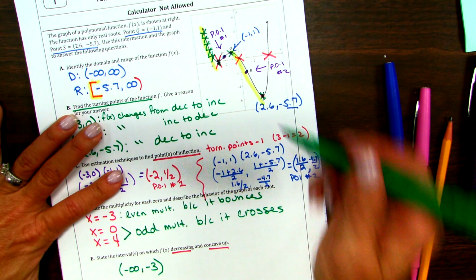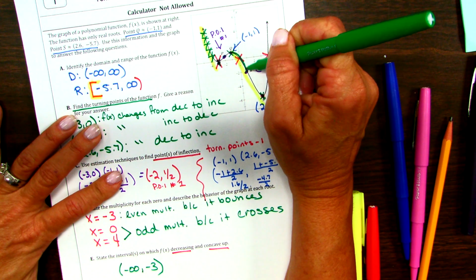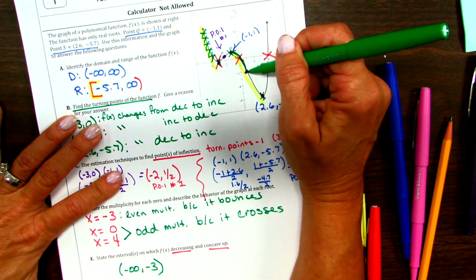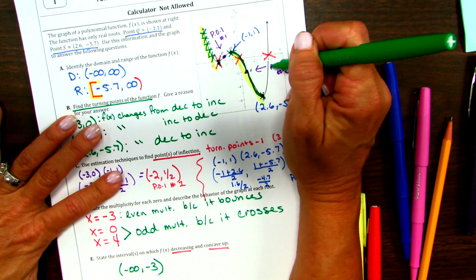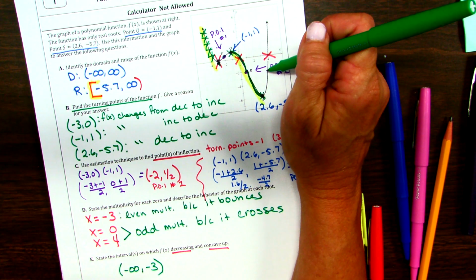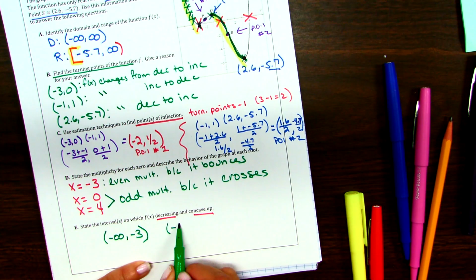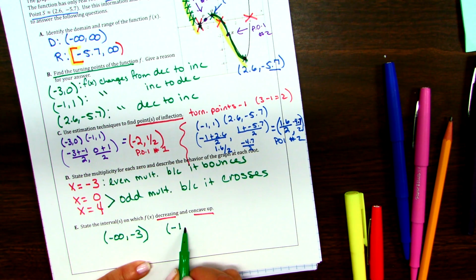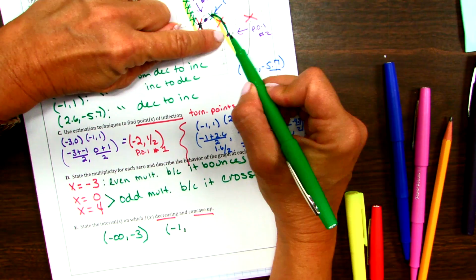Is it happening anywhere else? Yeah. This is decreasing, but it's concave down. At this POI, we switch and we become concave up. Remember, that's what a POI is. It tells you where your concavity changes. So it changes at -1 to what number? No, wait, not -1. Sorry, not -1. This x value.